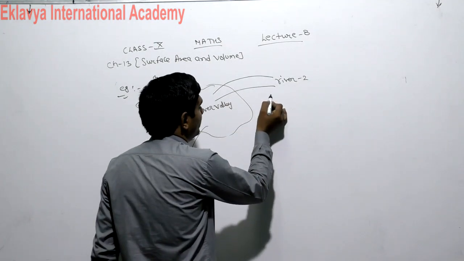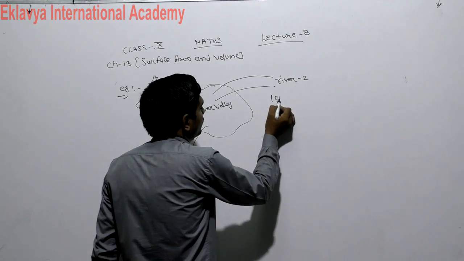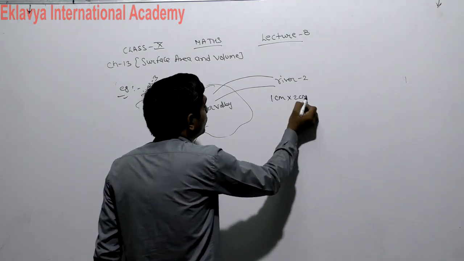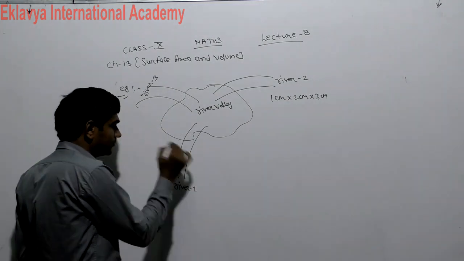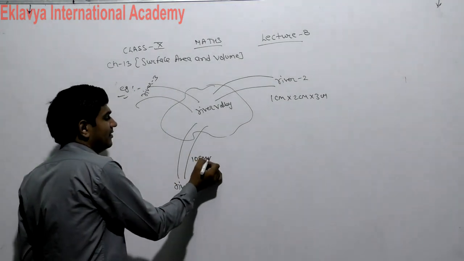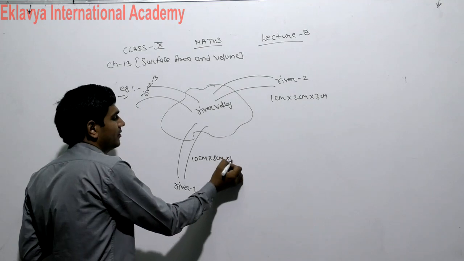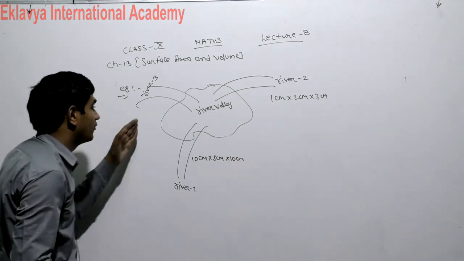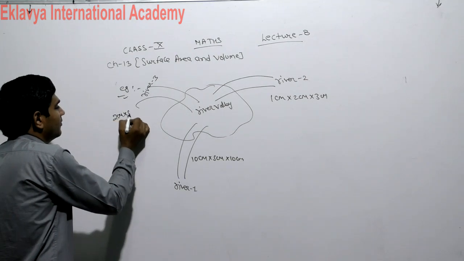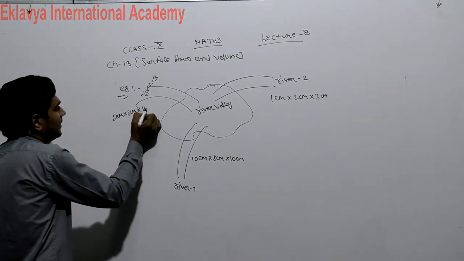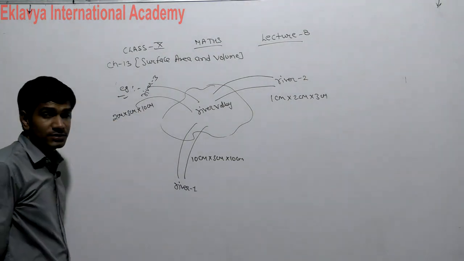Let us say for the first river the dimension is given as 1 centimeter into 2 centimeter into 3 centimeter. For the second it is given 10 centimeter into 5 centimeter into 10 centimeter. And for the third river it is given 2 centimeter multiply 5 centimeter multiply 10 centimeter.